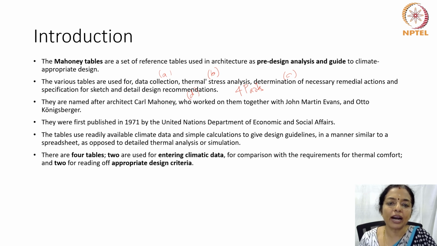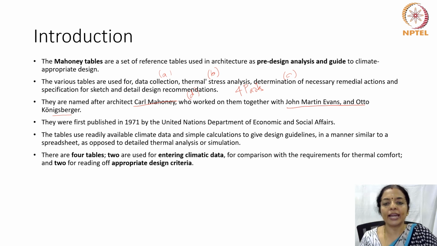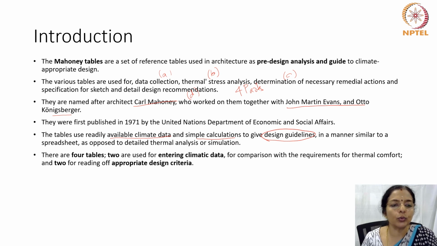They are named after Carl Mahoney, who worked on them along with Martin Evans and Otto Koenigsberger. These were first published in 1971 by the United Nations Department of Economic and Social Affairs. These tables use available climate data and have simple calculations incorporated to give the output of design guidelines in a manner similar to a spreadsheet.